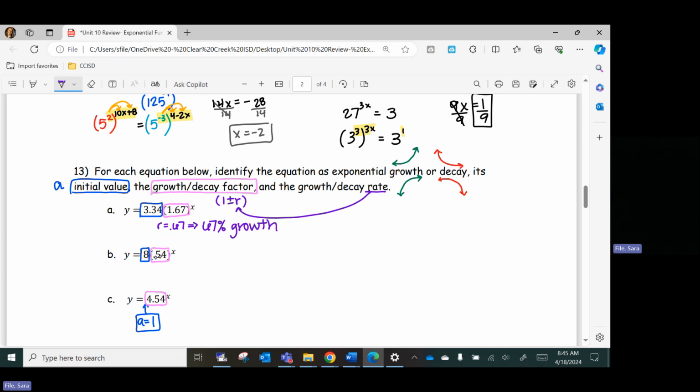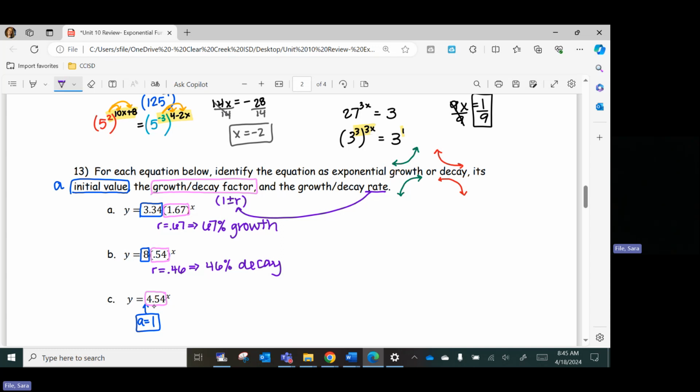What's 1 minus 0.54? 0.46, right? So what is that as a percent? 46%. Is this a 46% growth or decay rate? Decay. Because that is 0.46 less than 1.